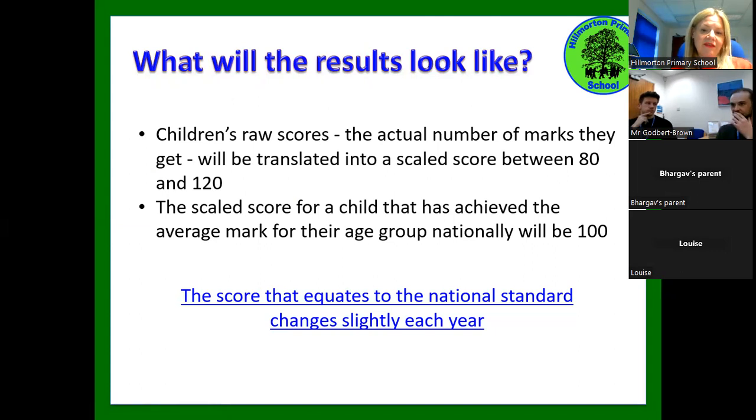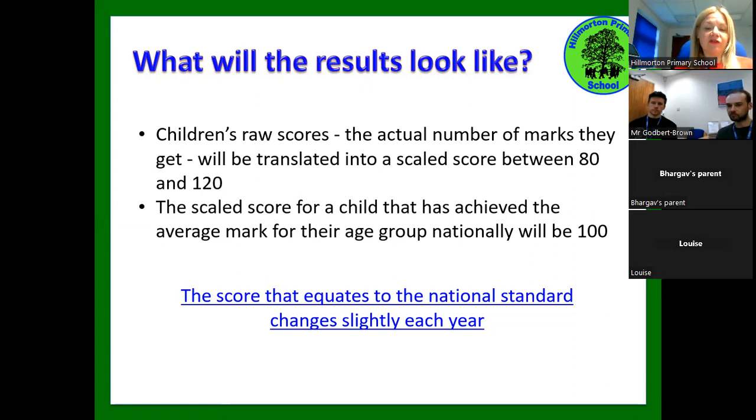What then happens is that gets translated into a scaled score, which is between 80 and 120. So if they get full marks on it, 50 out of 50, their scaled score will be 120. If they get 0 out of 50, their scaled score will be 80.